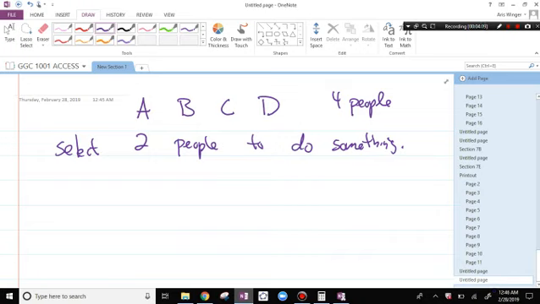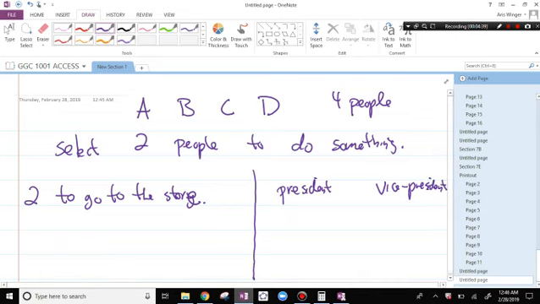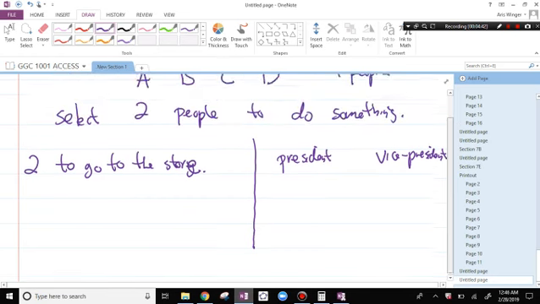I need 2 people to go to the store. Over here, I need 2 people, one will be the president, and one is going to be the vice president. And so now I want to count how many ways I can do this.